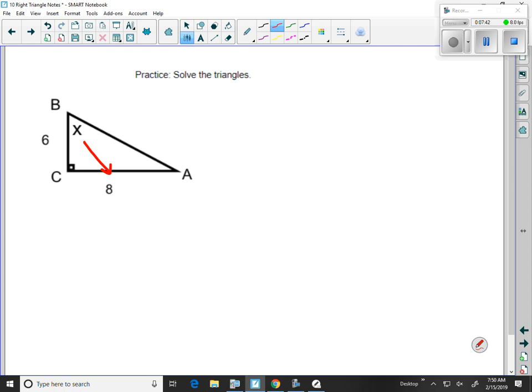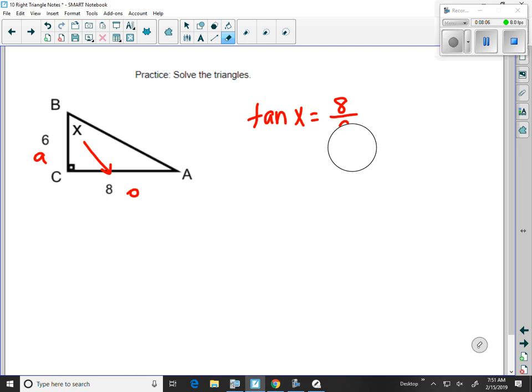Is it opposite, adjacent, or hypotenuse? Opposite. Okay. What about 6? Adjacent. Okay, so we're going to be using tangent because tangent is opposite over adjacent. So how we would write this is tangent of x, tangent of our angle, is opposite 8 over adjacent 6.